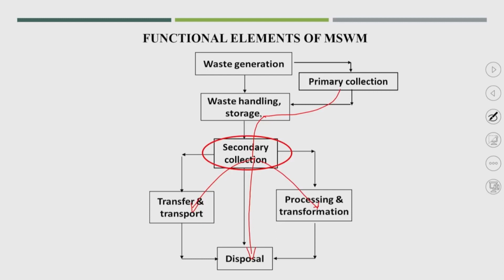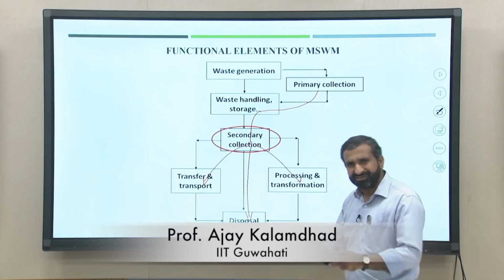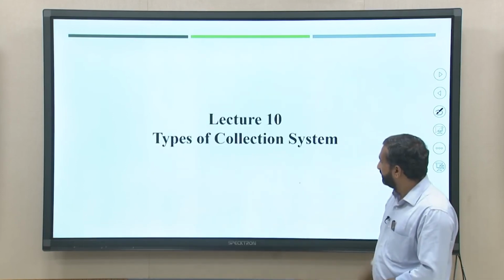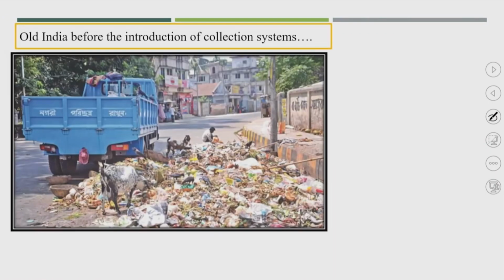Before starting the exact collection systems, I will tell a short story about old India. There have been different changes in the collection systems, like the vehicles that have been used. In old India, before the introduction of proper collection systems, it was simple.